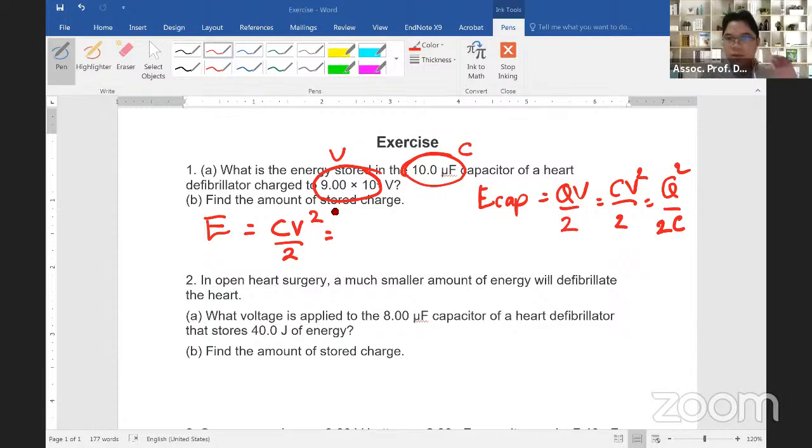I think you need to square the voltage as well.